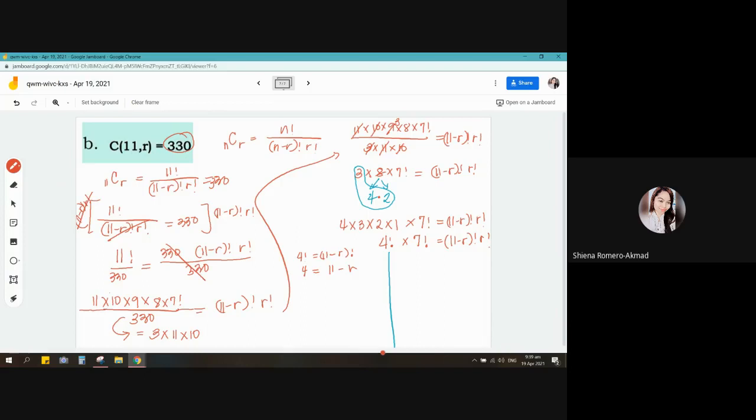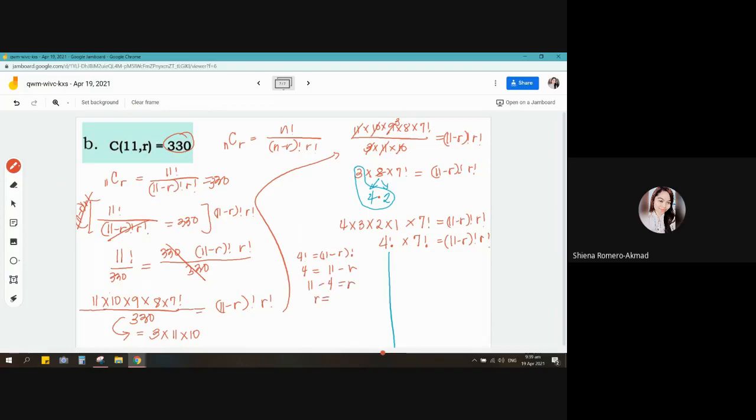So, kailangan kasi natin dito yung value ng r. So, what will be that number that when you subtract to 11, you'll get 4. So, we have 11 minus 4 equals r.